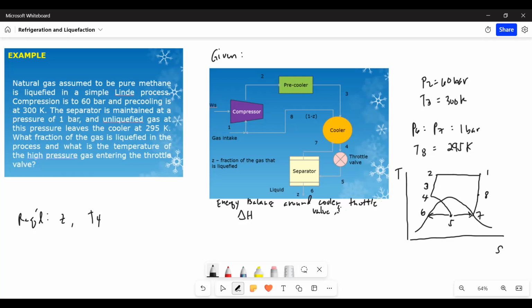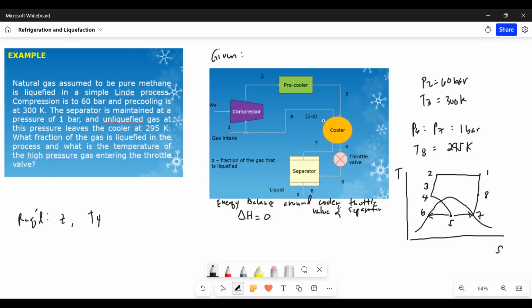That delta H is 0. Okay, so there's no potential or kinetic energy. Let's assume that the holder is adiabatic, and also there's no work, so delta H is 0.